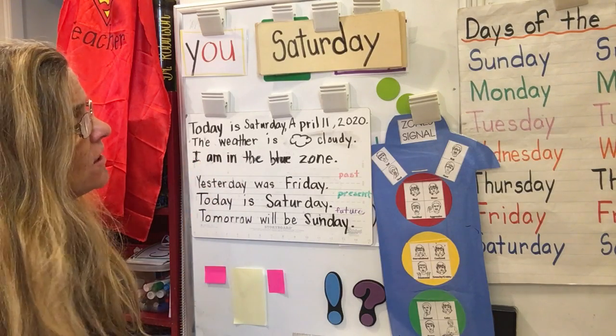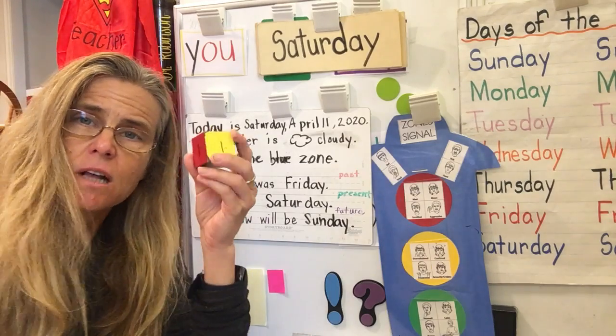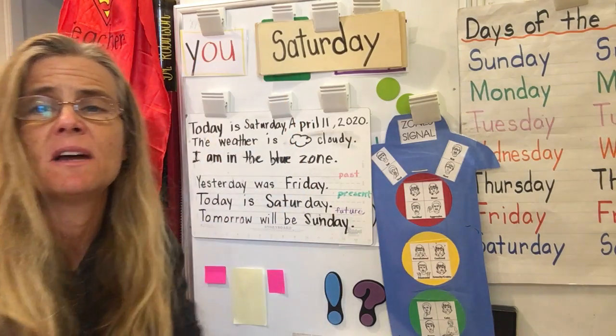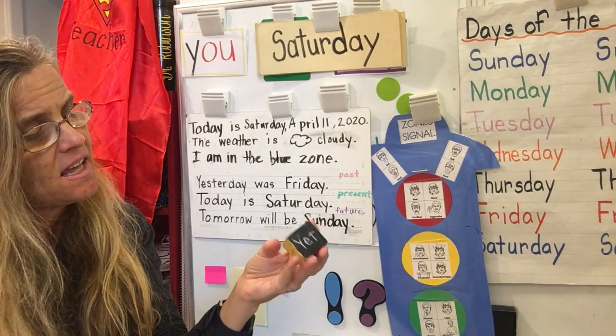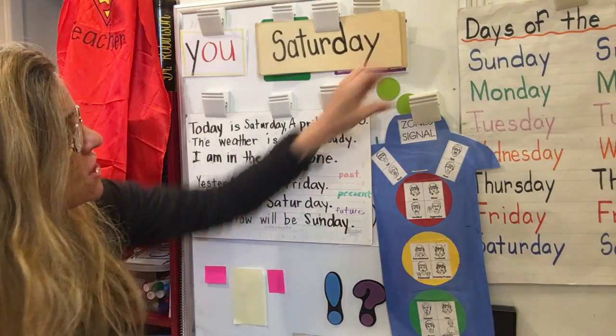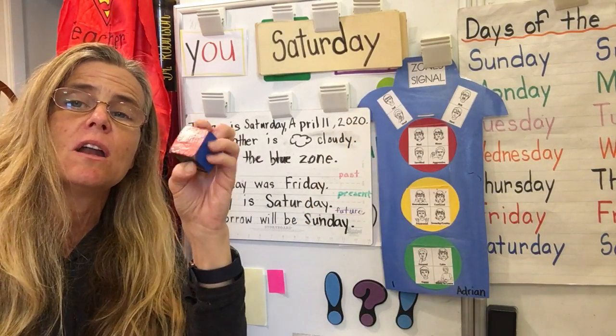I'm not in the blue zone today. I'm going to try to do my best, especially the things that I can't do yet. Today, I'm in the green zone. So I check on my zone signal, and you can easily make one of these at home or make a block at home.